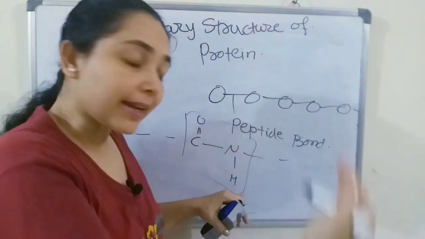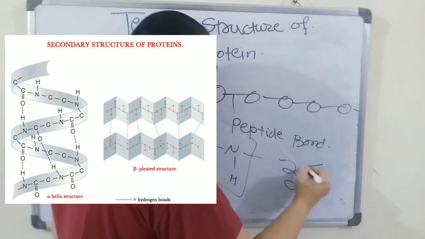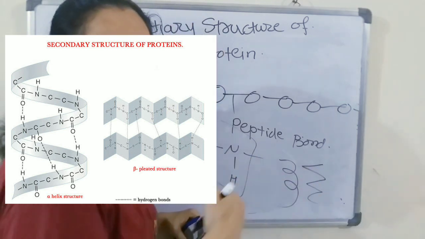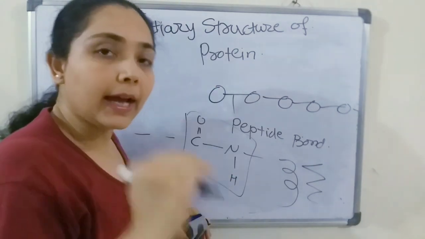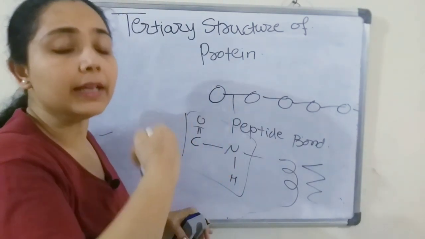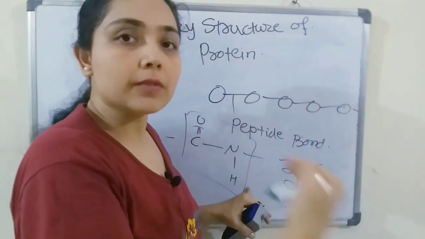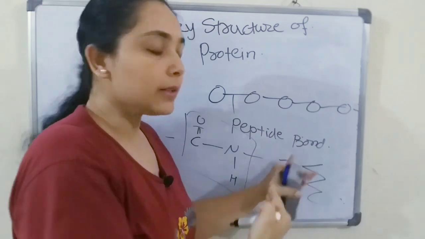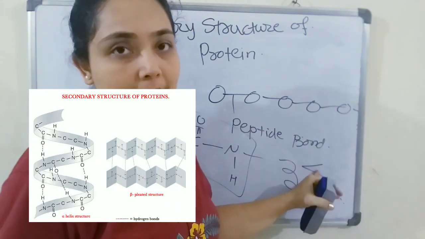The secondary structures we had discussed are alpha helix and beta pleated sheet like structures, where the hydrogen bond is formed between the carbonyl oxygen of one amino acid and the amide hydrogen of another amino acid a few amino acids away in the case of the alpha helix, or between the two chains in the sheet like structures.